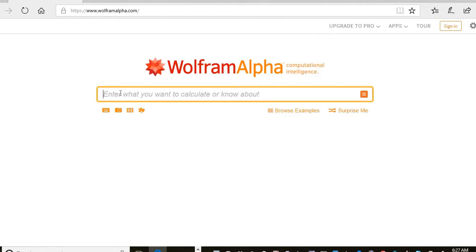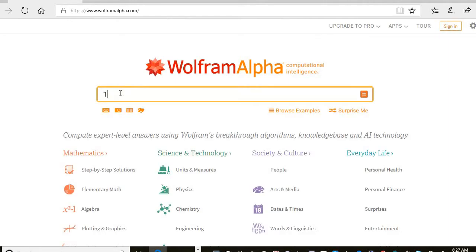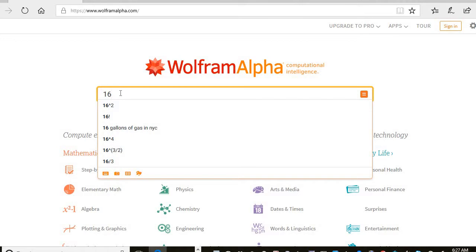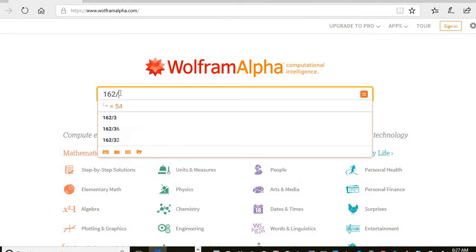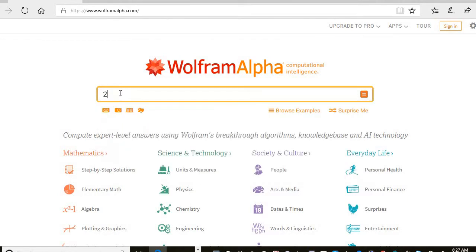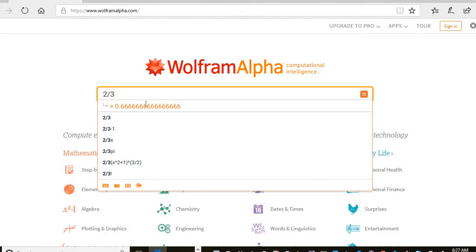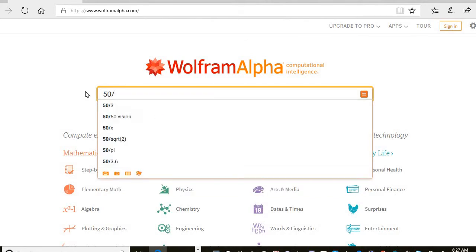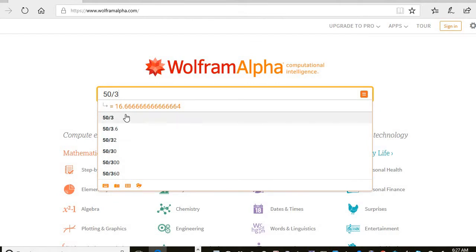What's nice about Wolfram Alpha, and usually new scientific calculators, let's just look at 2/3. It immediately tells you that's 0.66666. Or if I have 50/3, it tells you that's 16 and 0.6666.